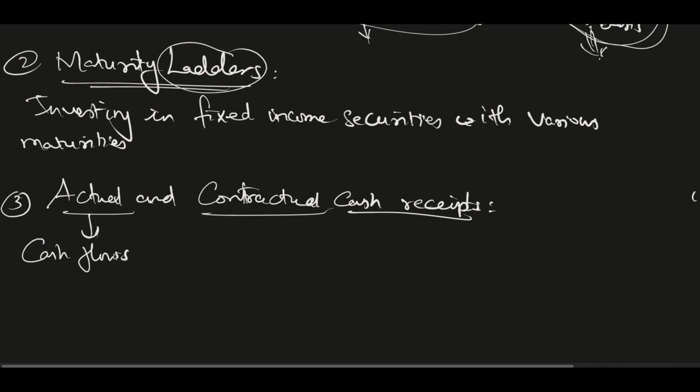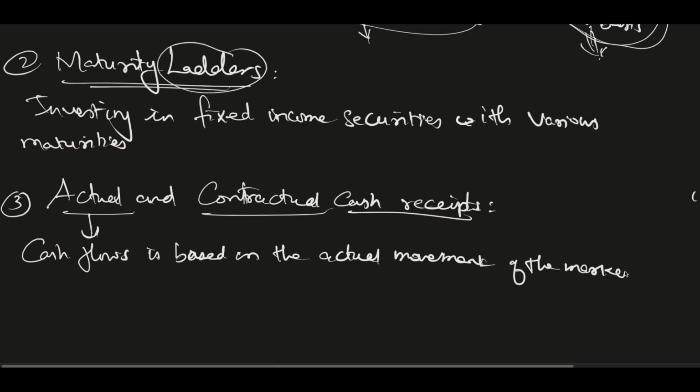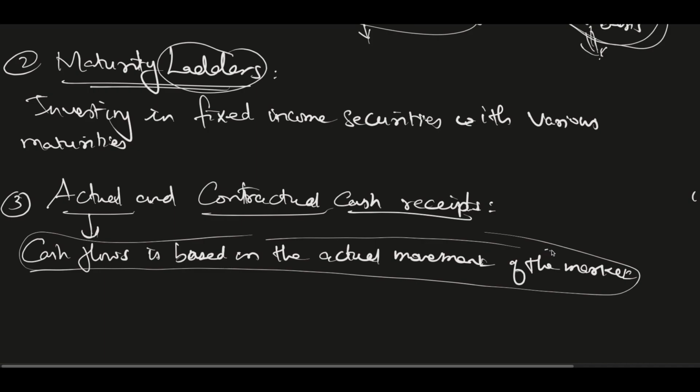Cash inflow is based on the actual movement of the market, so this is not very trustworthy, and you cannot completely rely on actual cash receipts, because it depends upon the movement of the market.